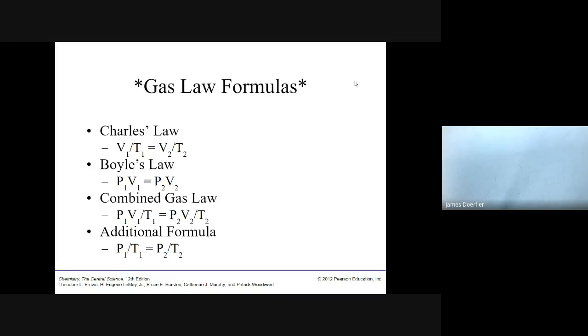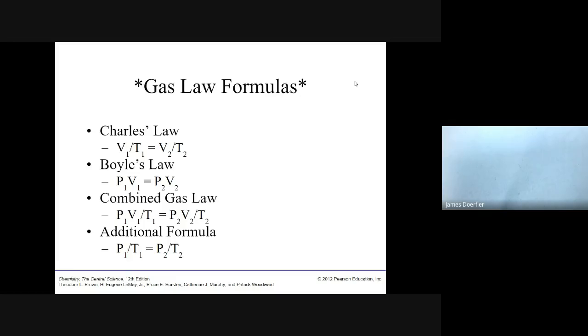Those really only look at how temperature or pressure affect volume. Well, what would happen if we changed more than one of those variables, where we looked at how temperature and pressure affect the overall volume of a gas? That's what we call the combined gas law.